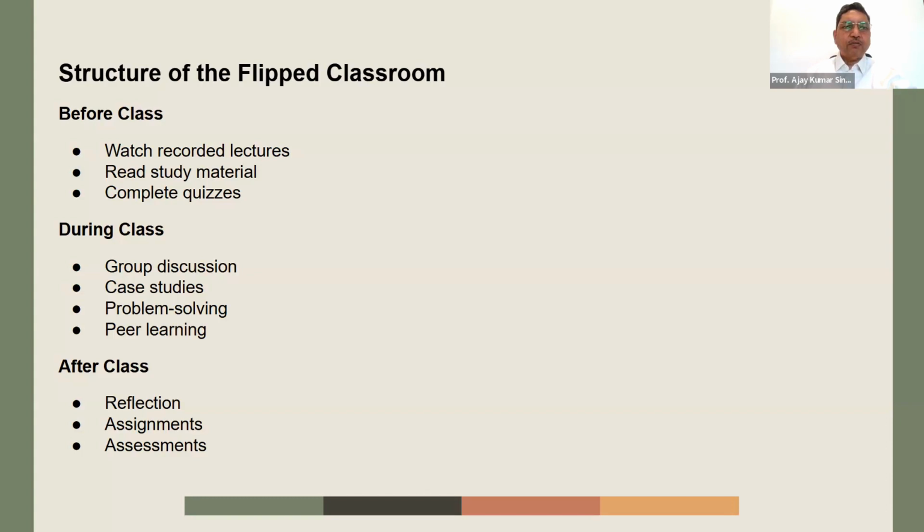So during the class, group discussion, case studies, problem solving, and peer learning take place in the classroom. And after the class is about reflection, assignments, and assessments. Assessments can happen during the class also, and after the class, assignments would be done by them, which are more practical oriented. That would be better.